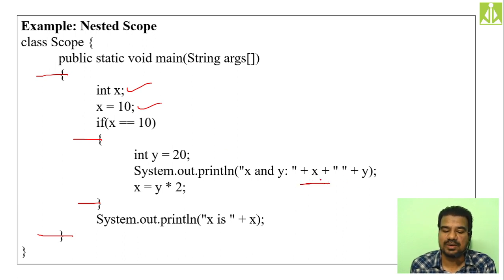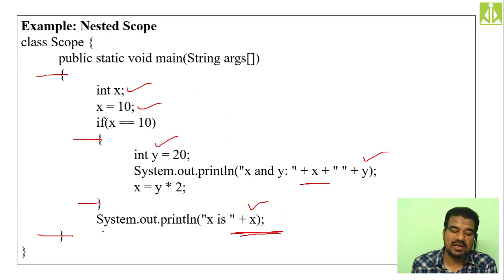I can access X over here. Y, which is declared inside the inner scope, I am accessing inside the inner scope, so no issues. But when it comes to this particular statement, here I am accessing X, which is declared inside the outer scope, inside the outer scope, so it is completely valid.